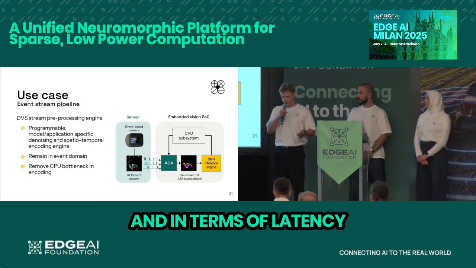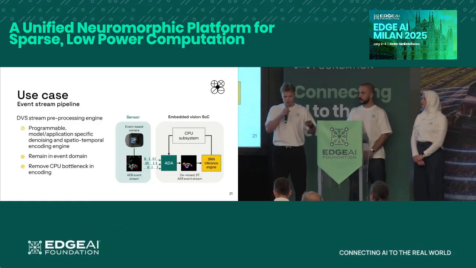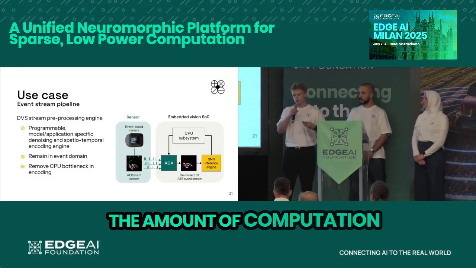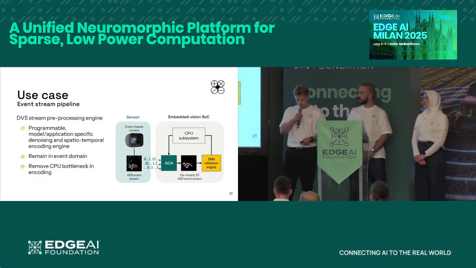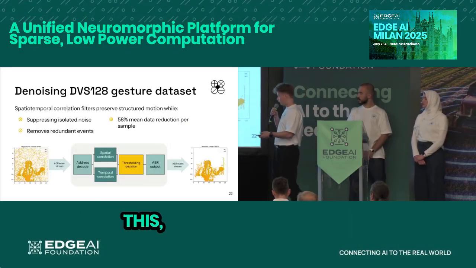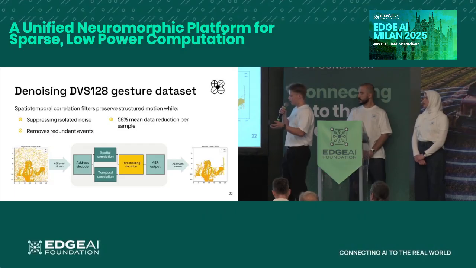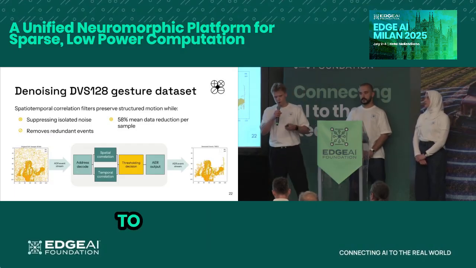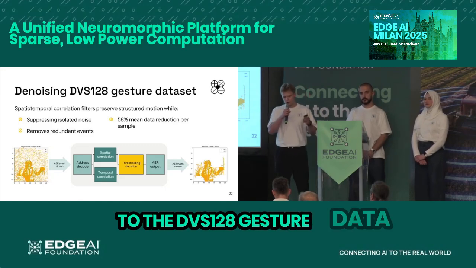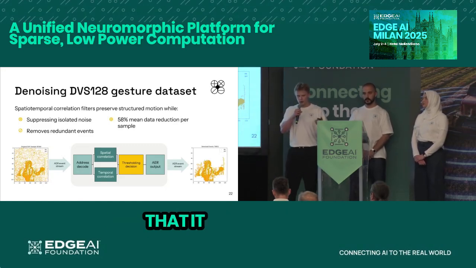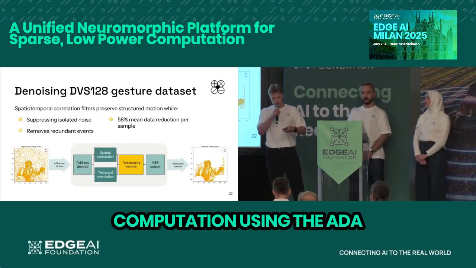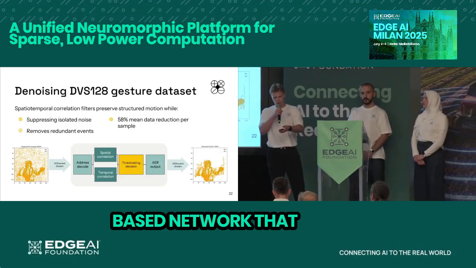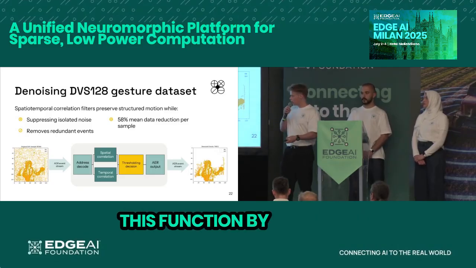In terms of latency and memory movement, we significantly reduce the amount of computation that's not being done on accelerated hardware. As an example, we applied spatial temporal denoising to the DVS 128 gesture dataset, and we found that it significantly reduces the amount of computation using the Ada-based network that applies this function, by over 50%.